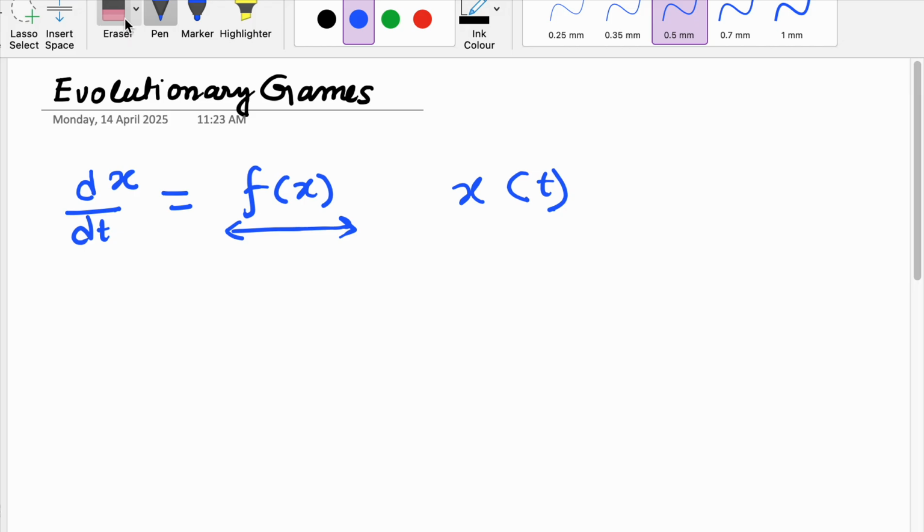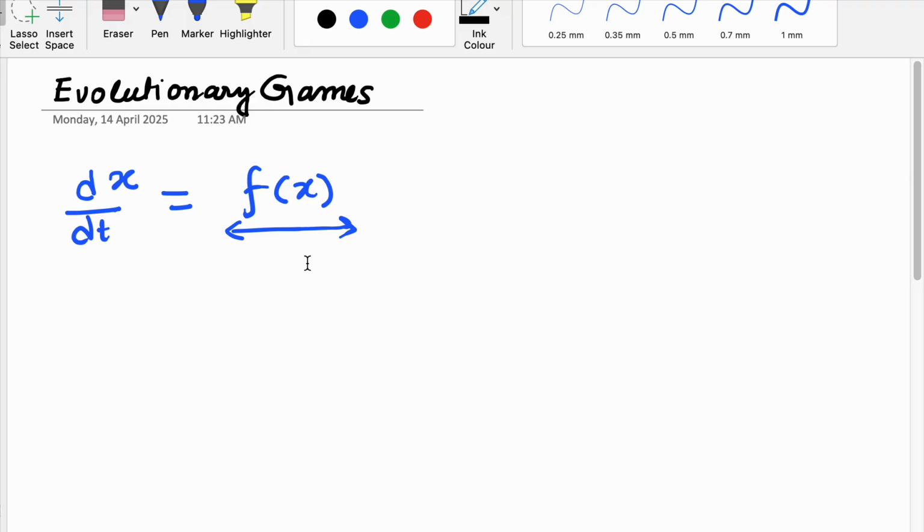Now, if I write a dynamical equation, it doesn't tell anything about the system by itself. It only tells about the system at any point x, what is the velocity of the system, what is the rate of change of the state of the system.